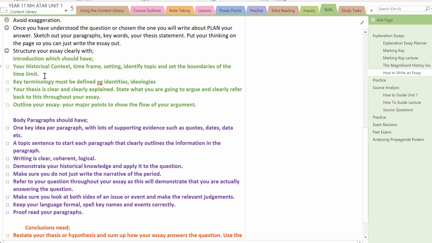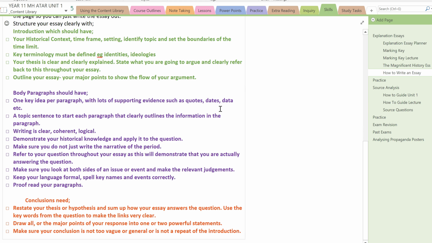If we're looking at a key person, how did they start out? Where were they born? So simple things like that can just help you get started. Probably better off to put the key definitions after the thesis, okay? Because that gives your reader a really good idea that you know what you're talking about, and then you can outline your main points.